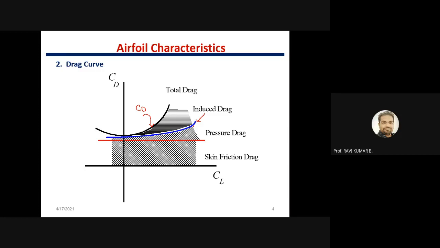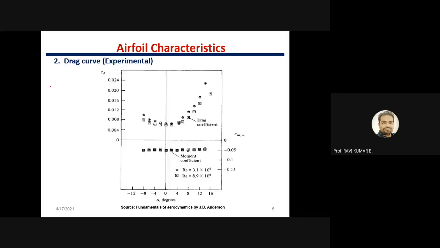There is a reverse flow, and because of that, separation is happening. So starting from here to here, this entire thing is a pressure drag, and this is its friction drag. If you summarize everything, that is called total drag.